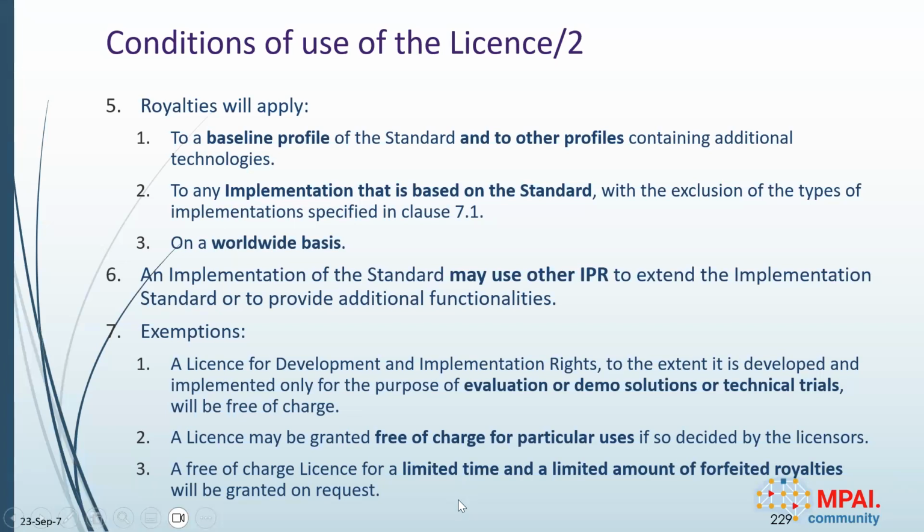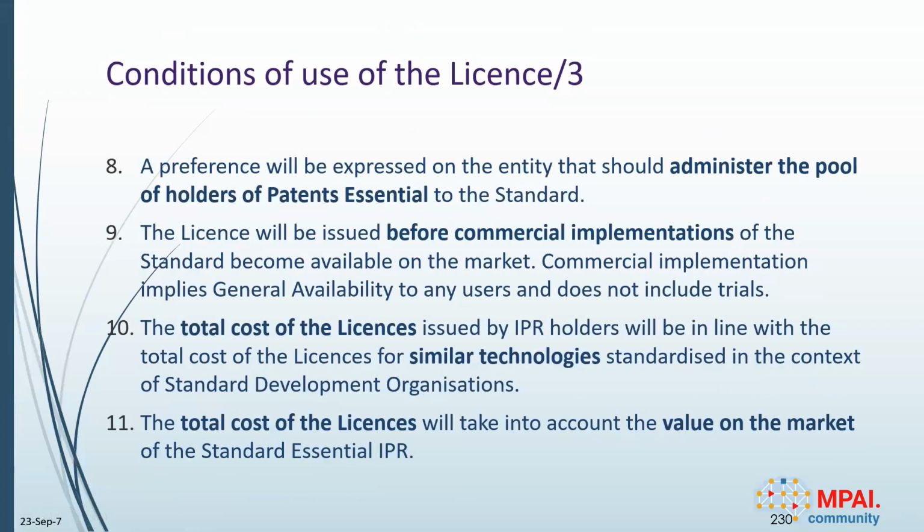So there is a certain freedom in the licensing. Then a preference will be expressed on the entity that should administer the pool of holders of patents essential to the standard. The license will be issued before commercial implementations of the standard become available on the market. So this is one important point.